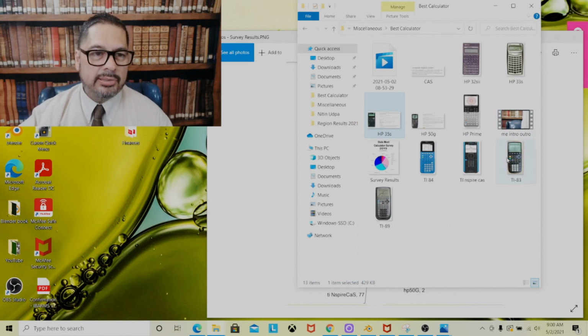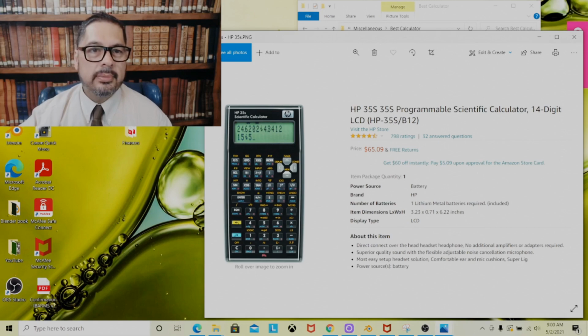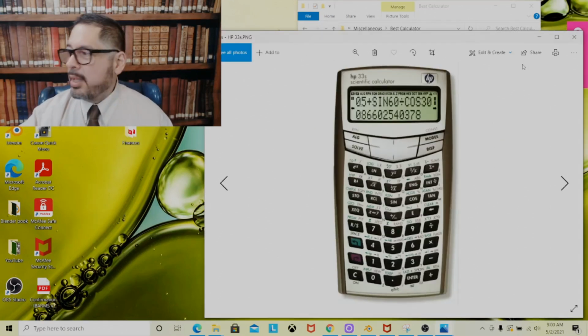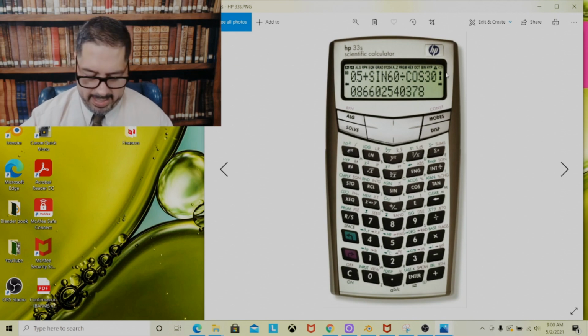The next one I want to talk about is the HP33S. Here goes a picture. According to my notes, it was introduced in 2003, I guess as a successor to the HP32S2.